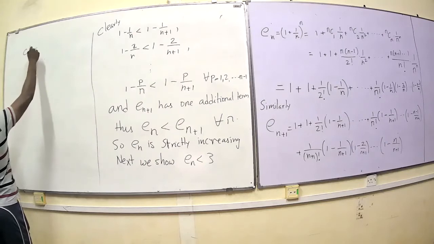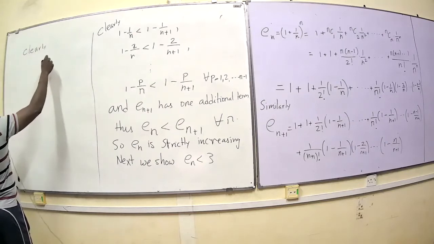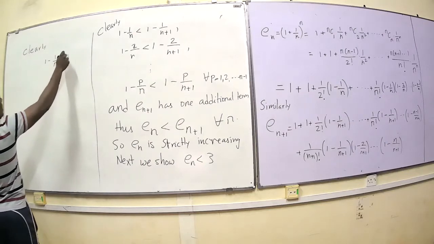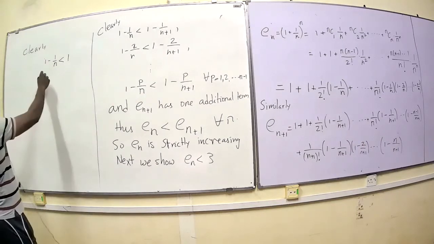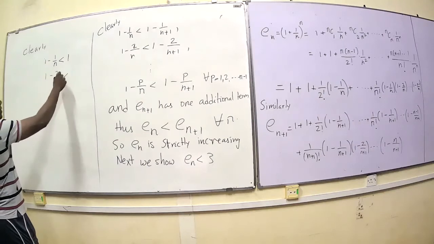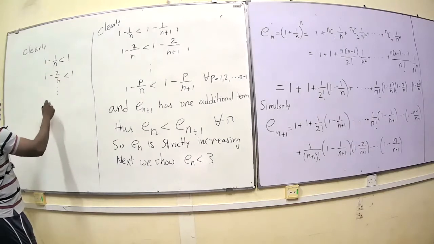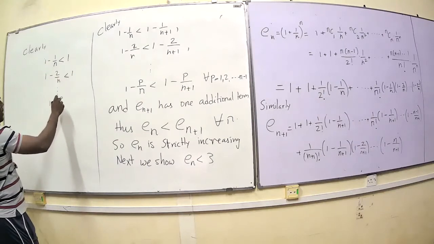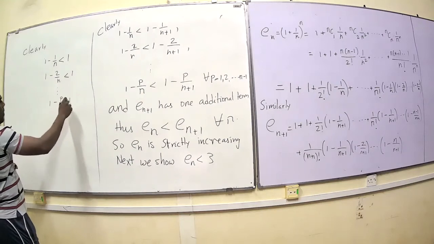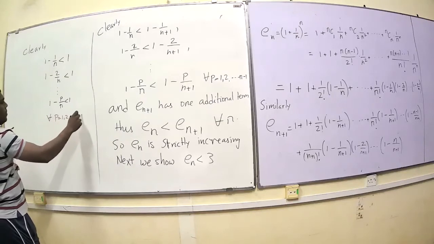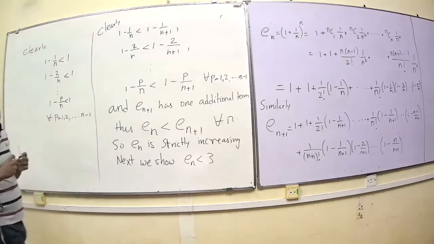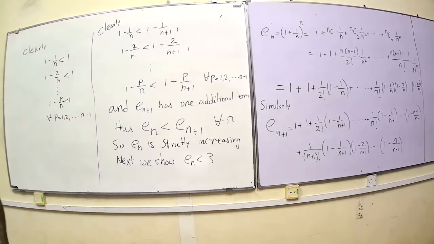So again, clearly 1 minus 1 upon n is less than 1. Similarly, 1 minus 2 upon n is less than 1. All the way up to 1 minus p over n is less than 1, for all p equal to 1, 2, up to n minus 1. Right? So that is clear.